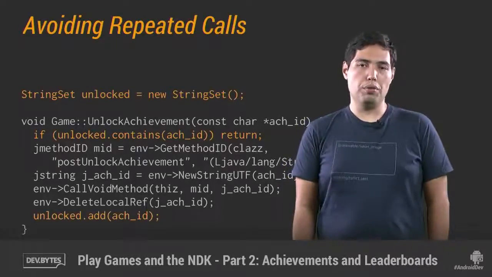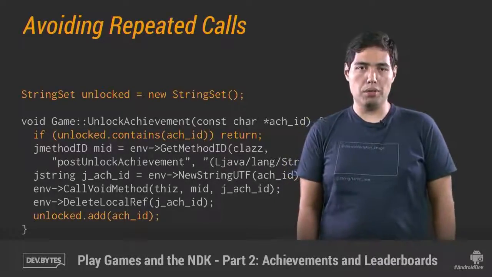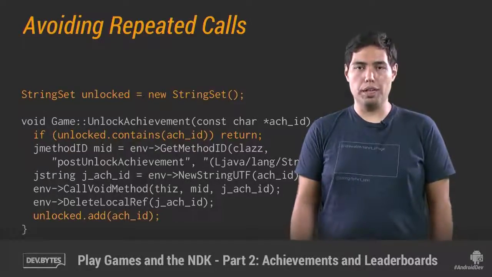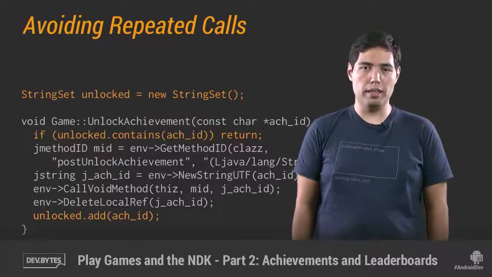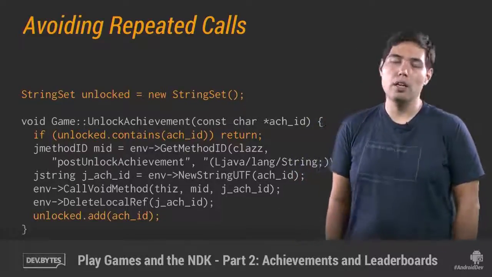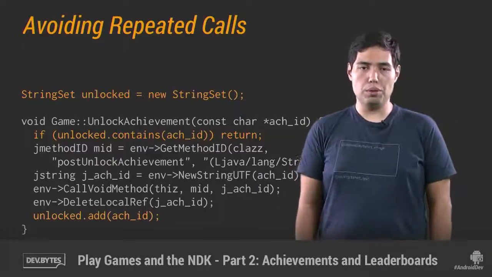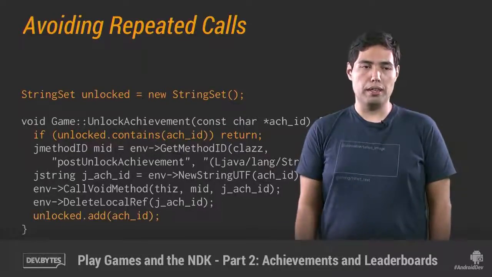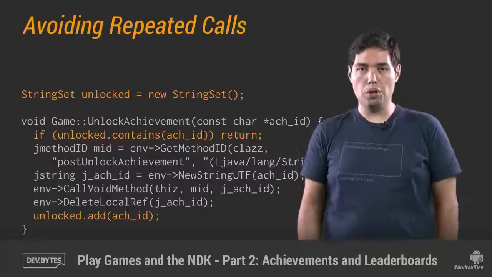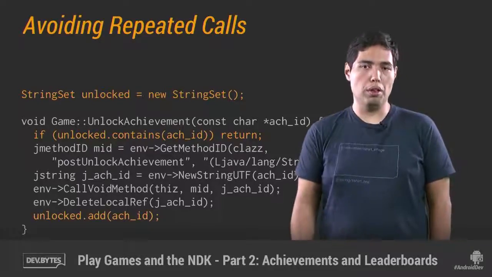Also, you might want to avoid repeated calls because JNI calls are somewhat expensive. If you're running a tight game loop and you are calling unlock achievement all the time, you probably want to avoid that overhead. One thing you can do is keep a dictionary on the native side that tells you which achievements you have unlocked and which ones you don't know if you have unlocked or not.